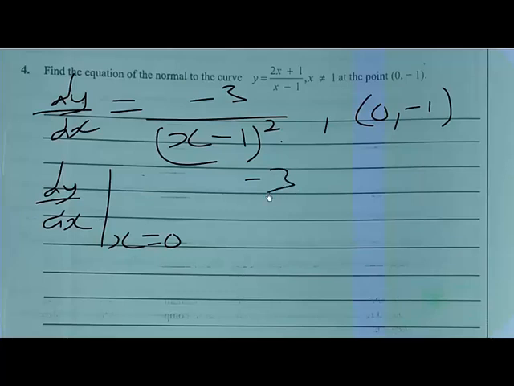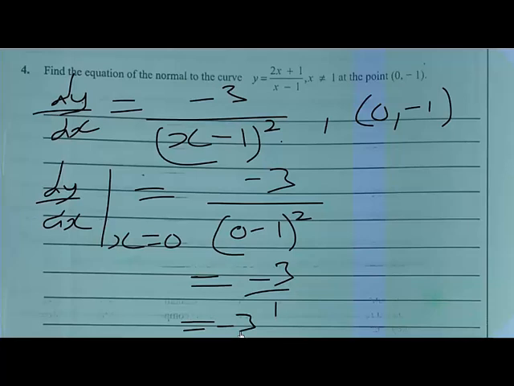We have -3 over 0 minus 1 all squared. 0 minus 1 squared is 1. So -3 over 1, and that will give us -3. So the gradient m is -3.